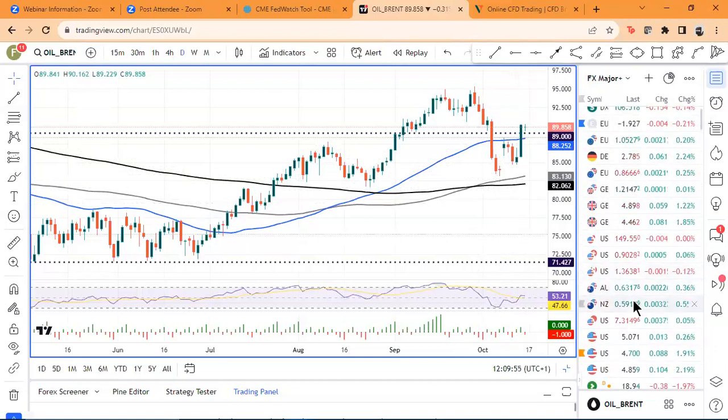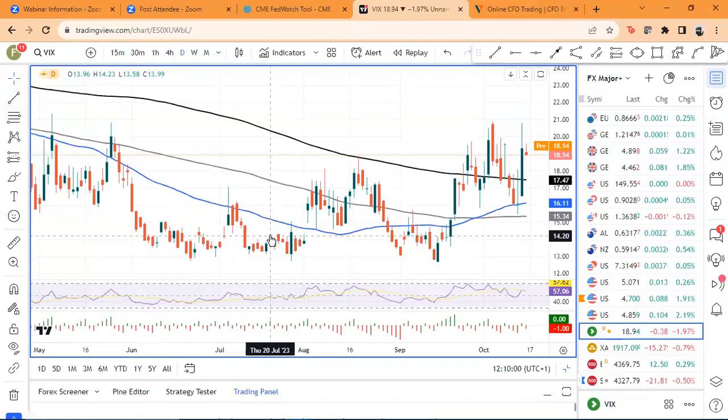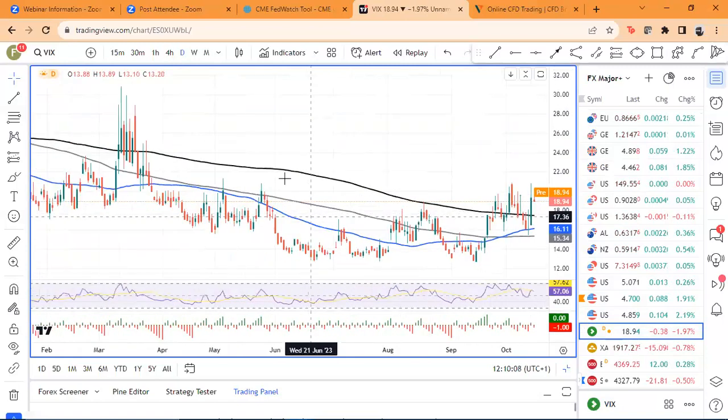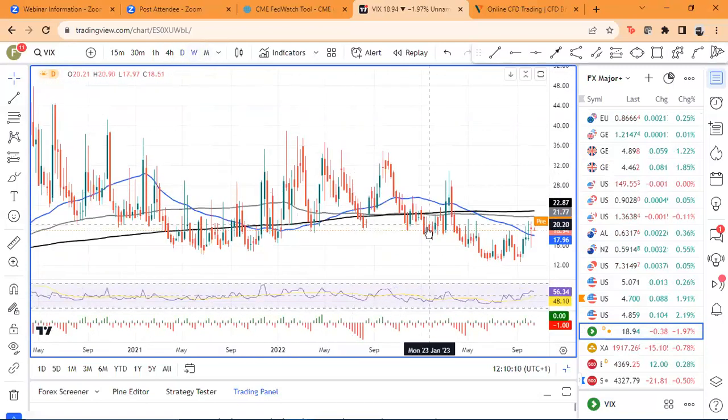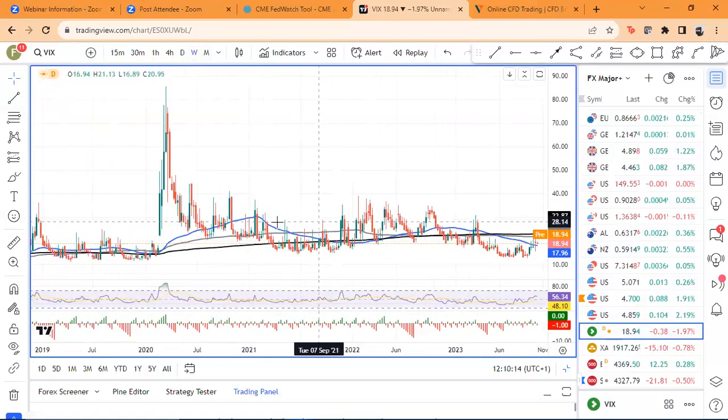Also, I said we'd look at the VIX. So this is Wall Street's fear gauge, if you like, the volatility index, showing prices of S&P 500 options out for 30 days. The long-term average is around 17, I think 18 or so. If I pull back, you can see where we spike high.